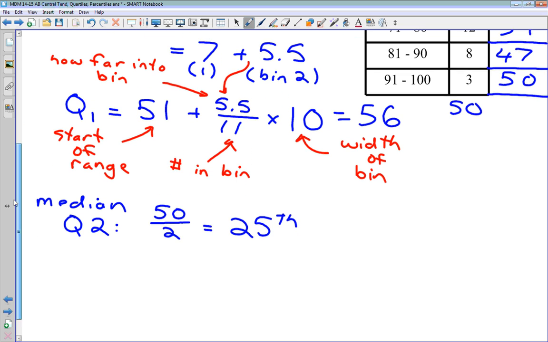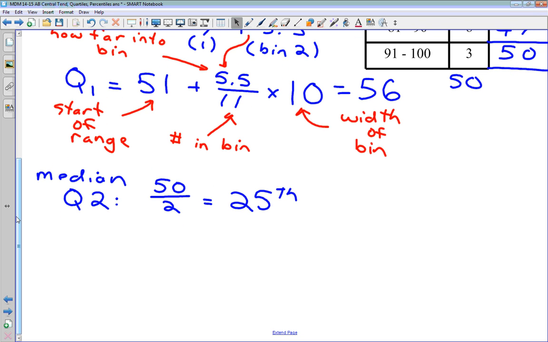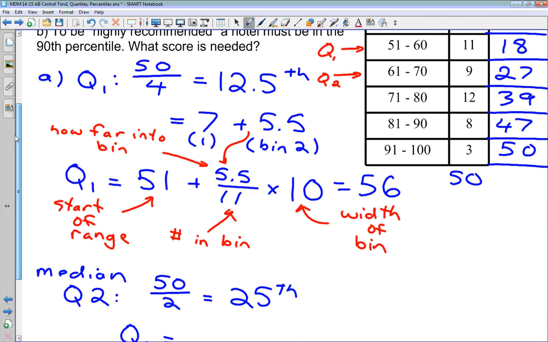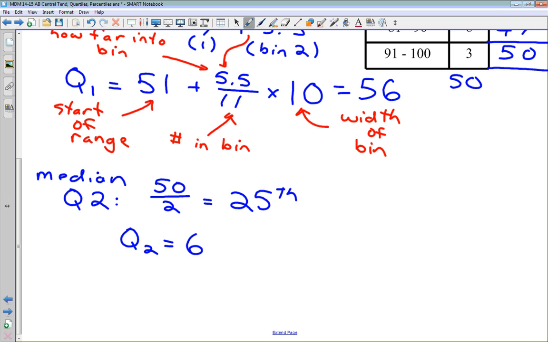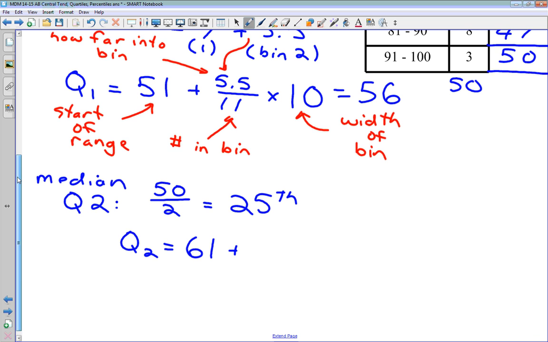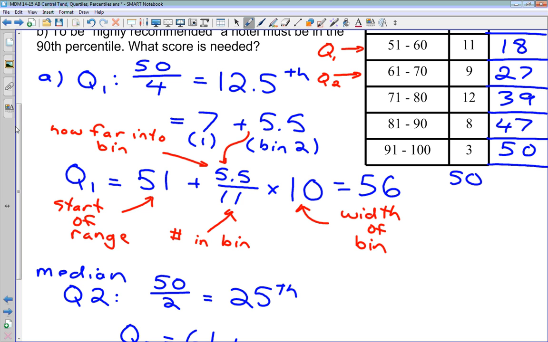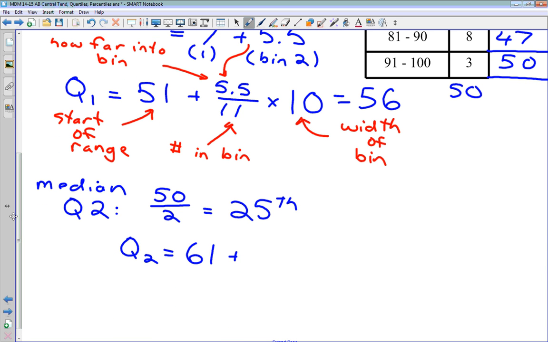So our value for Q2 is going to be, well, we go to the start of the bin, so that bin starts at 61. How far do we have to go into that bin? Well, there are 18 numbers up to the start. We want to get up to 25. So we have 18 plus, so we want the 7th number in bin 3.